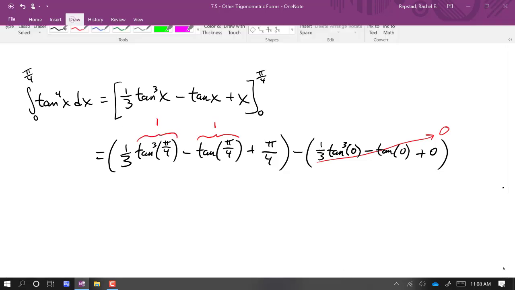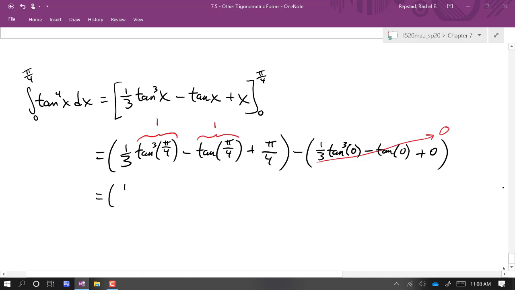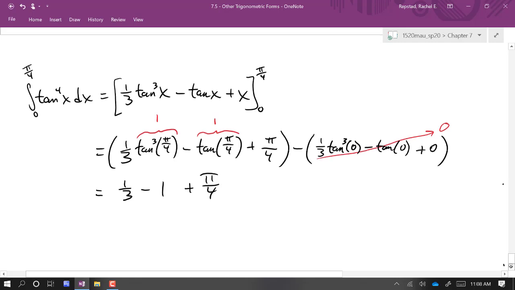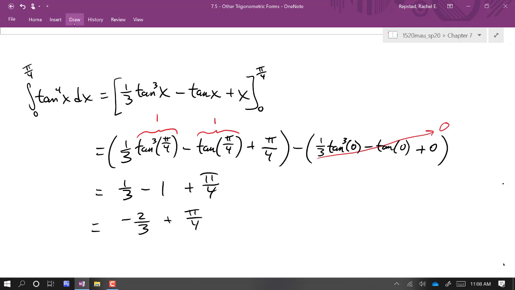So in the first set of parentheses I've got 1/3. I've got 1/3 minus 1 plus pi over 4. And I'm just going to simplify. 1/3 minus 1 is a negative 2/3 plus pi over 4, and I'll get a common denominator. Times 4 here, times 3 here, and we get 3 pi minus 8 over 12.